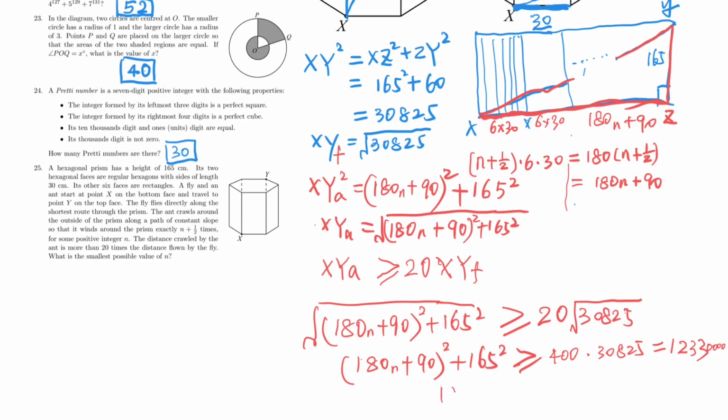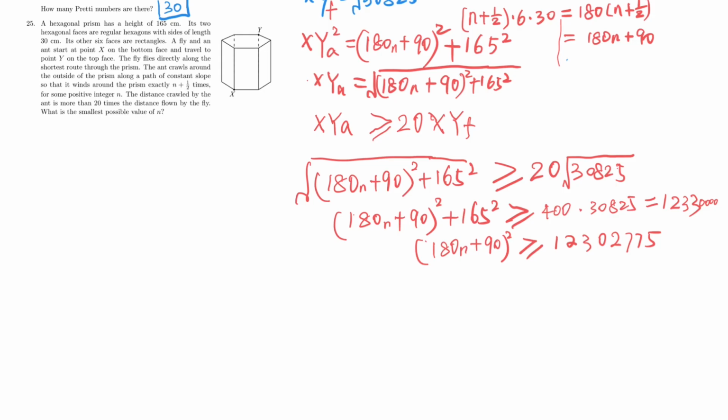Now 180n plus 90 squared is greater than or equal to 12,302,775.